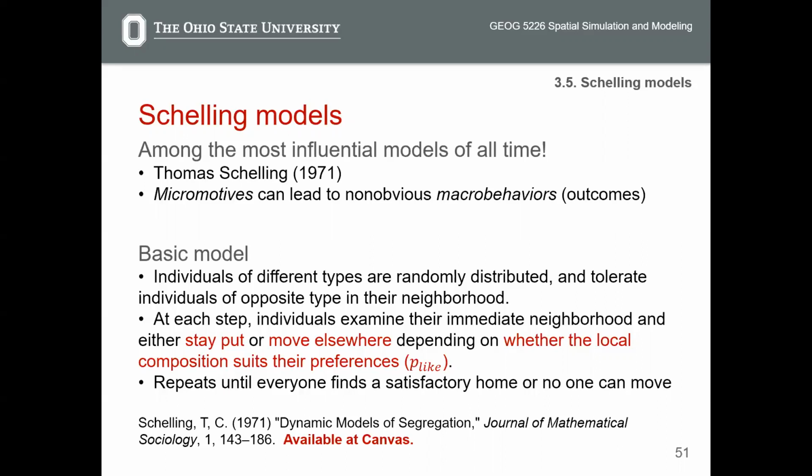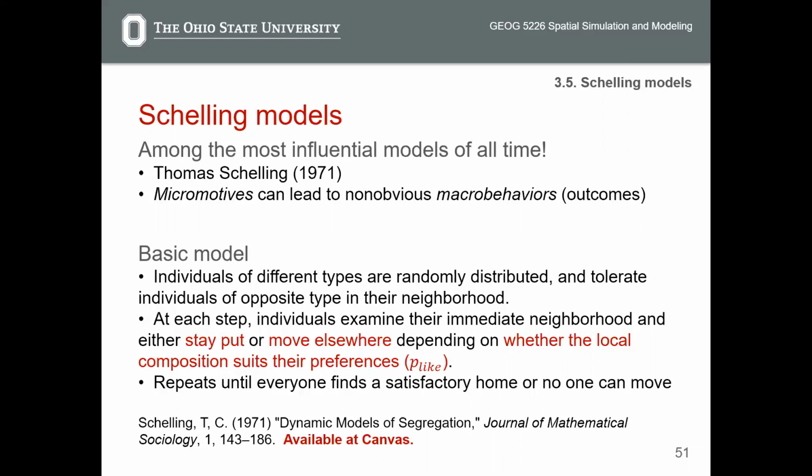Local composition means the spatial composition of neighbors, right? We have different types of individuals. If an individual is surrounded by other individuals that belong to the same type, then we say that the environment is preferred by the central cell. In summary, these individuals want to stay with the same type of individuals.